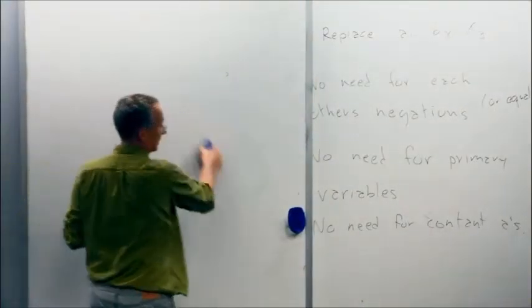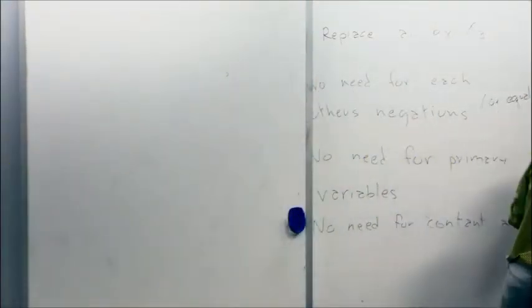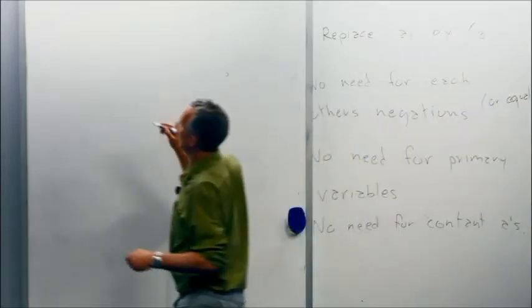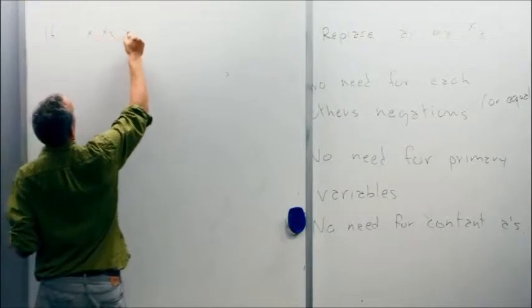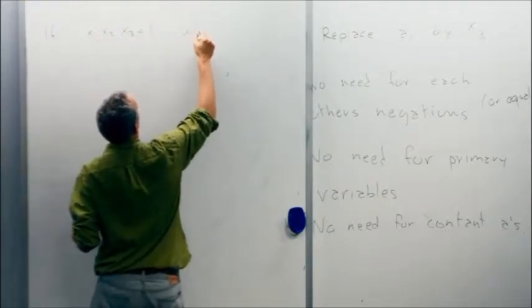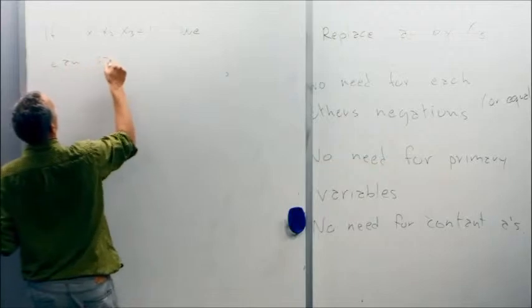Oh yes, 10. So if x1 times x2 times x3 is equal to 1, we can satisfy 12 equations.